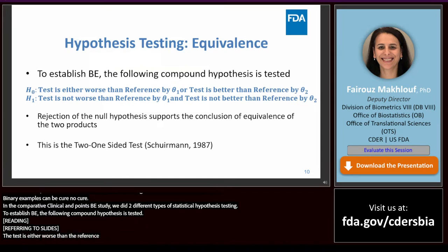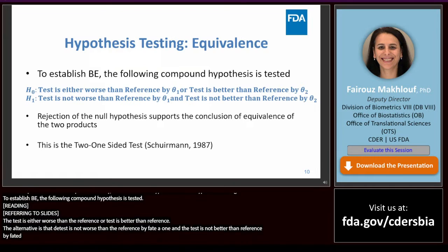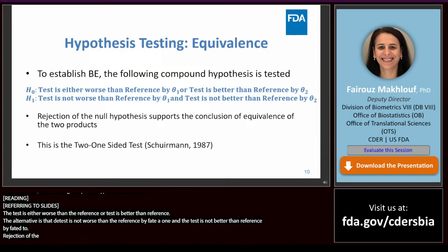And the alternative is that the test is not worse than the reference by theta 1 and the test is not better than the reference by theta 2. Rejecting the null hypothesis supports the conclusion of equivalence of the two products. This is the two-one-sided test by Schuirmann.